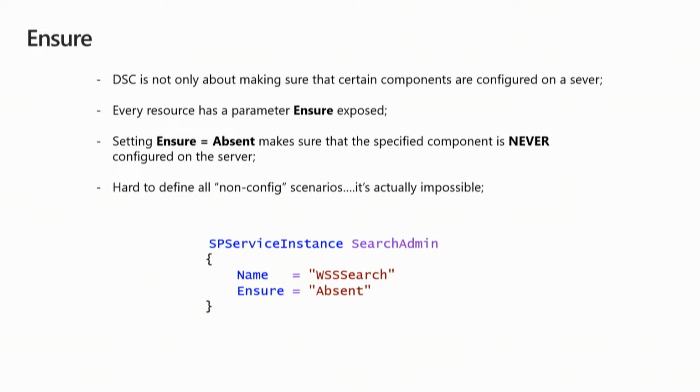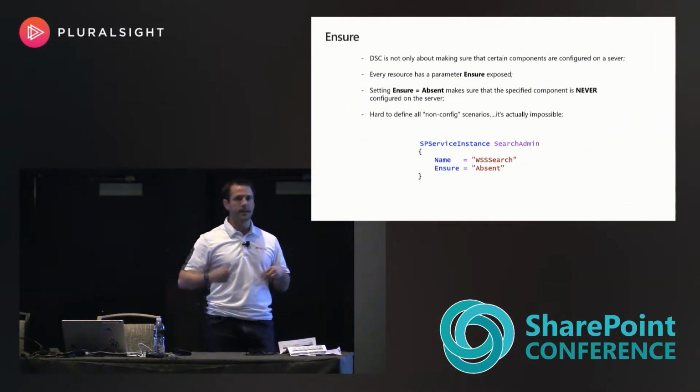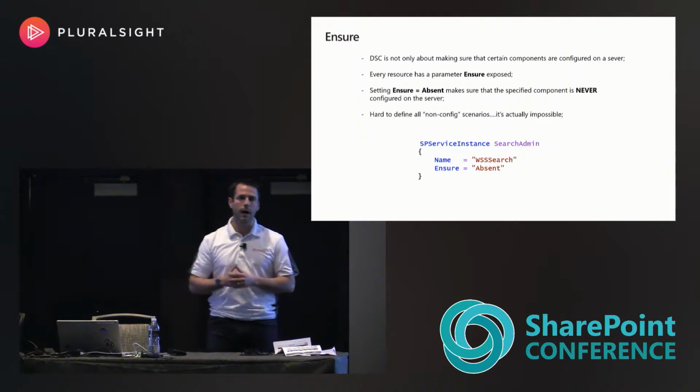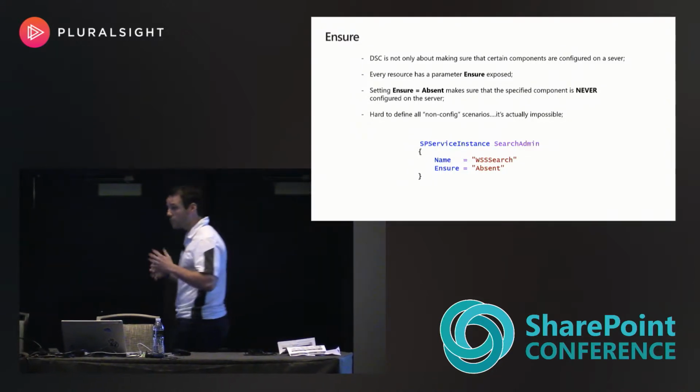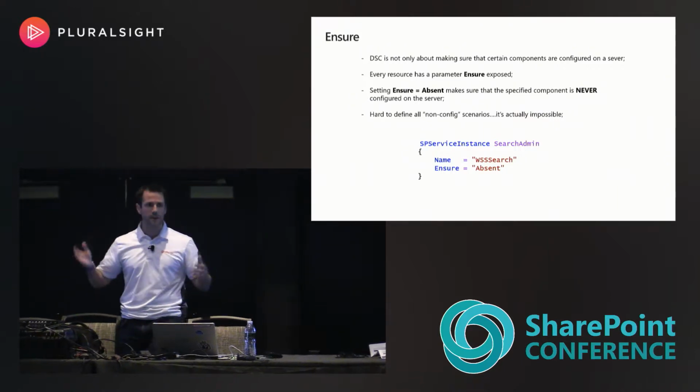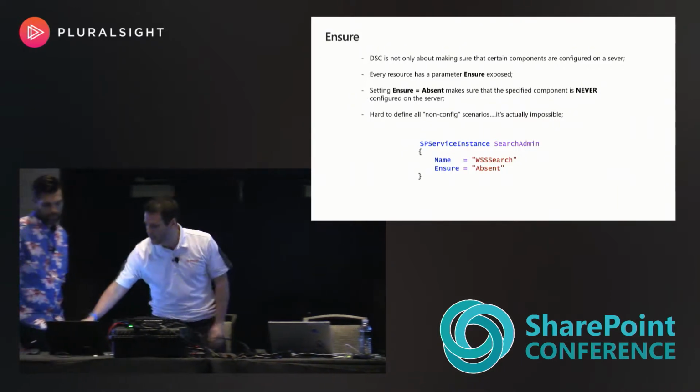So what you can do is say something like this here, SP search service instance, WSS search, absent. So if somebody goes in and turns on that service, within 15 minutes, DSC will realize that that service has been turned on and it's going to report the configuration drift or disable the service. Okay, so that's one thing you can do. But it's almost impossible for you to define all the non-scenarios. But that is something that's available.